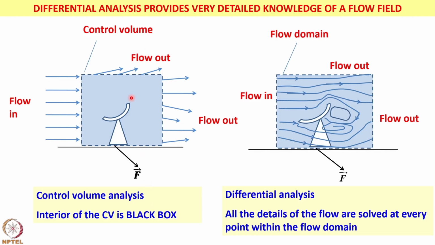But if you take the differential approach instead of the control volume approach, what exactly happens near the blade, what are the velocity gradients, what are the temperature gradients, whether vortices are there or not, in addition to the forces and the heat transfer rate, we will get to know.